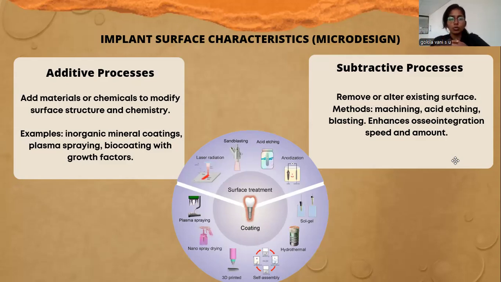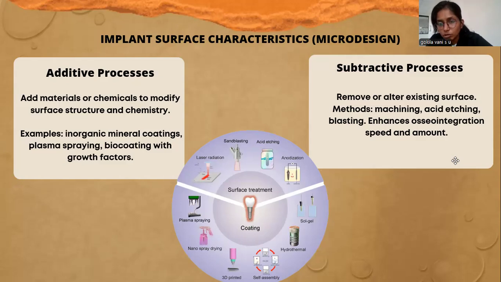Additive procedures include adding material and chemicals to modify the surface structure and chemistry, which can be inorganic material coating or plasma spraying with hydroxyapatite and growth factors or some bone-forming agents, which nowadays include some drugs, even like metformin and simvastatin.